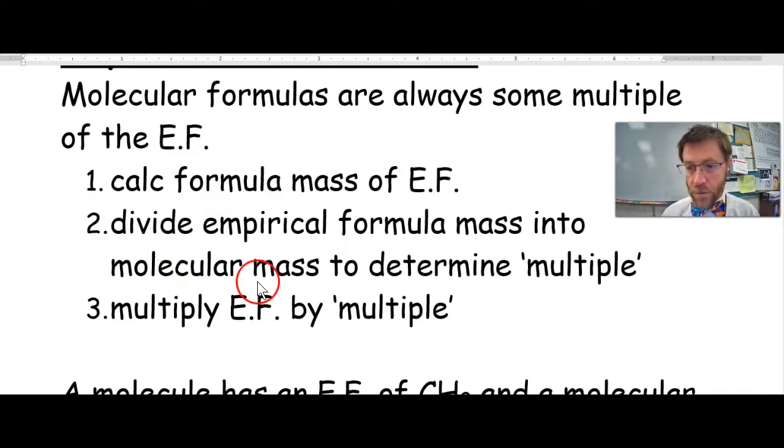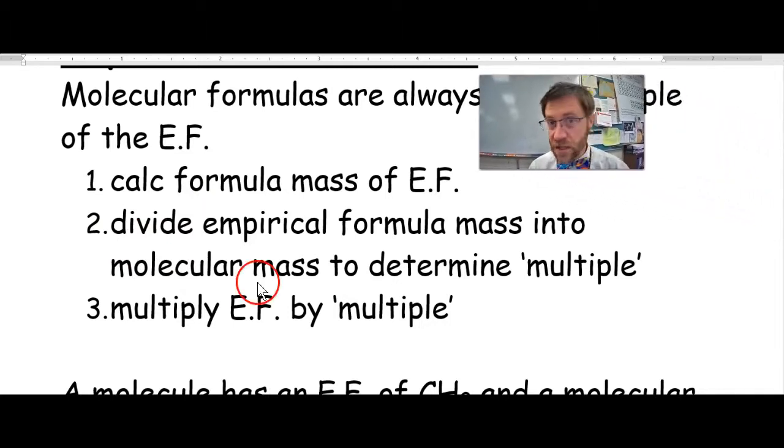And so here's how we do. The very first thing we're going to do is calculate the mass of the empirical formula. In other words, the gram formula mass of the empirical formula, right?